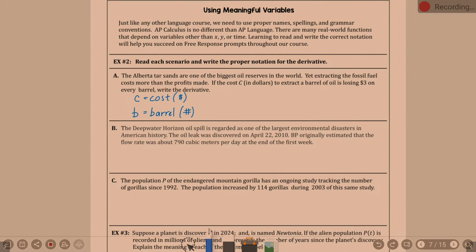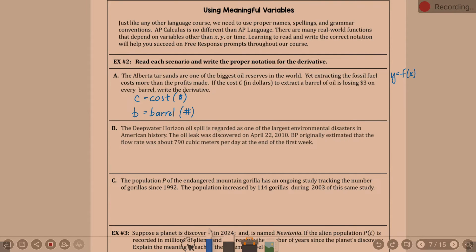Okay? Now, with that in mind, the cost in dollars C to extract a barrel of oil is losing $3 on every barrel. You know how you'll sometimes see something like y equals f of x?